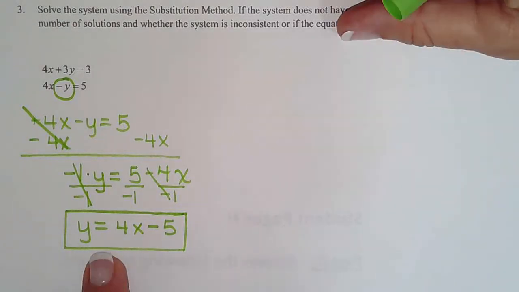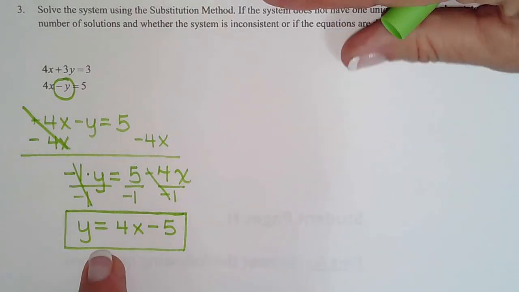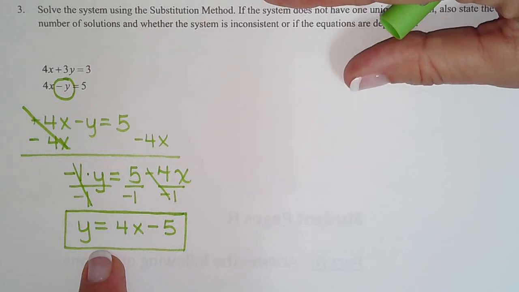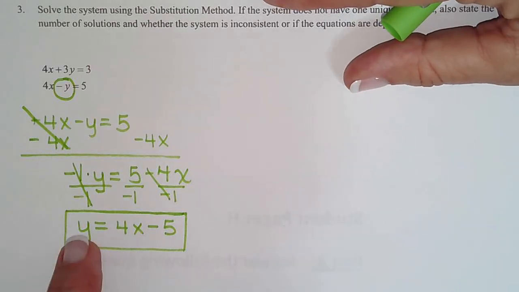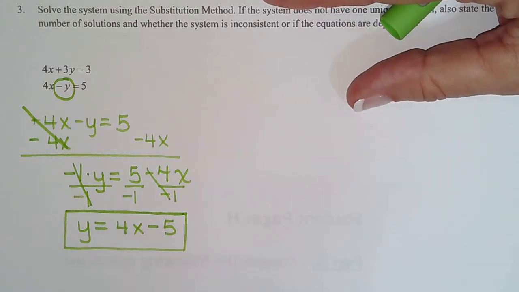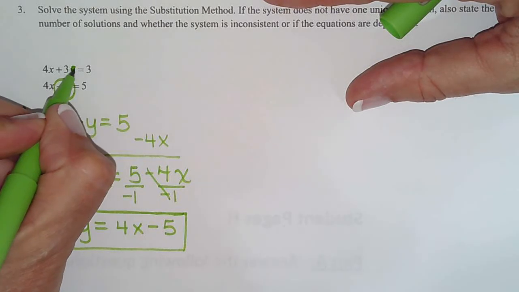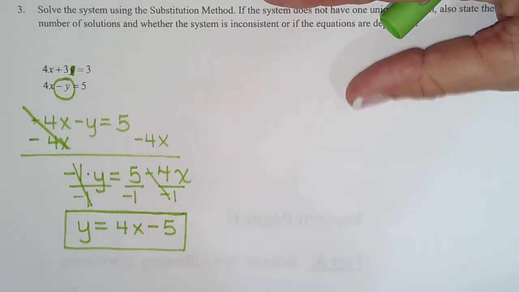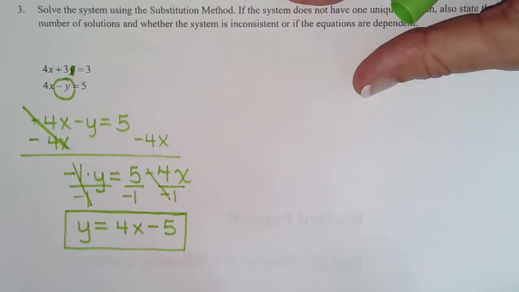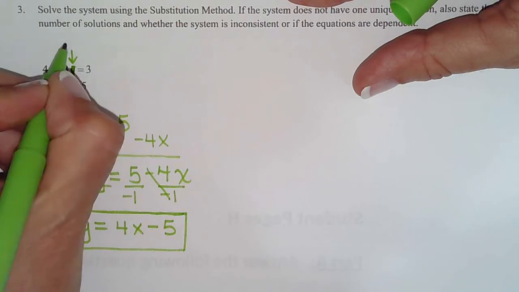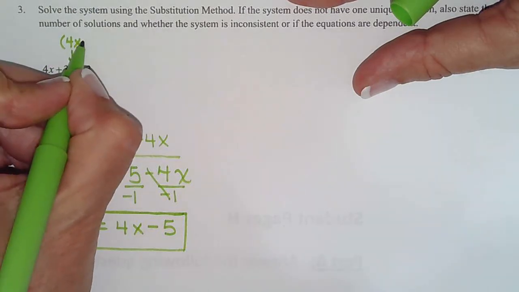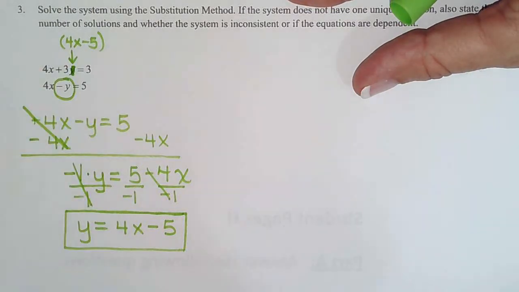Okay, so here's the key point. Now you have to go into the other equation, take out y, and replace it with what it's equal to. So don't go back into itself. Go into the other equation, and that's why this is called the substitution method. In place of y, put 4x minus 5 in parentheses because it is a quantity.